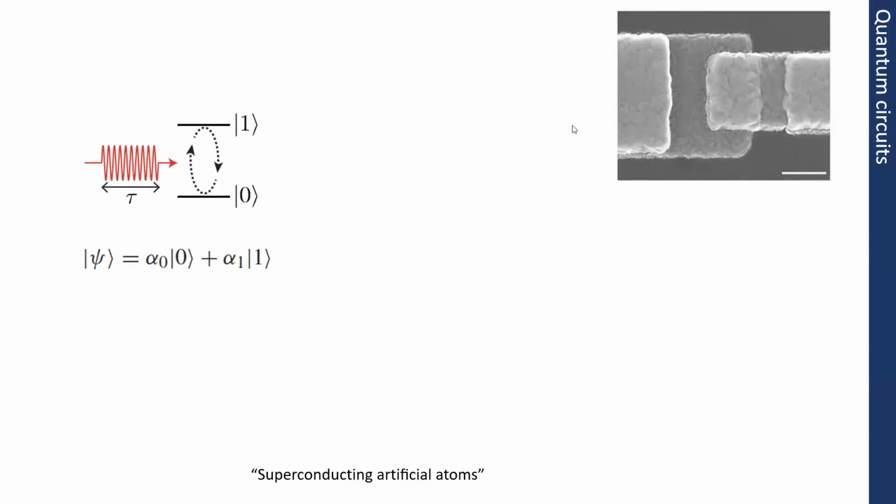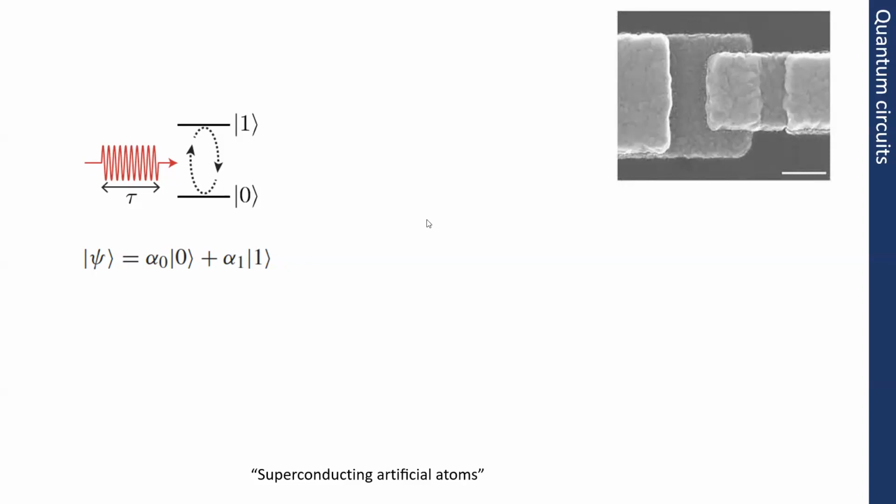This is very, very useful, very feasible, because as I said, these microwave pulses are generated and controlled with very high precision, and that's what makes this approach very useful for quantum computing.